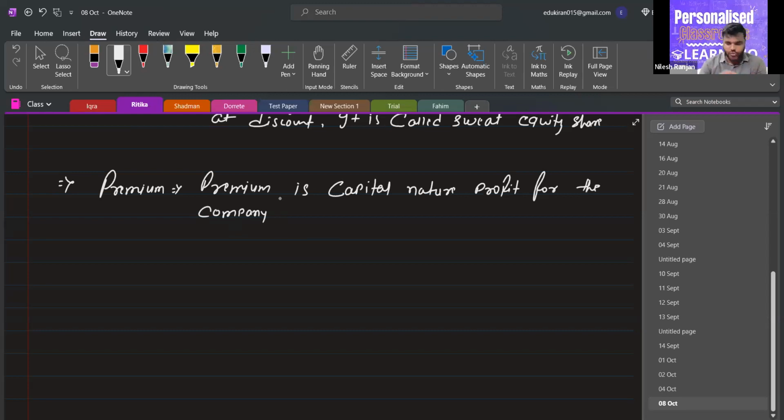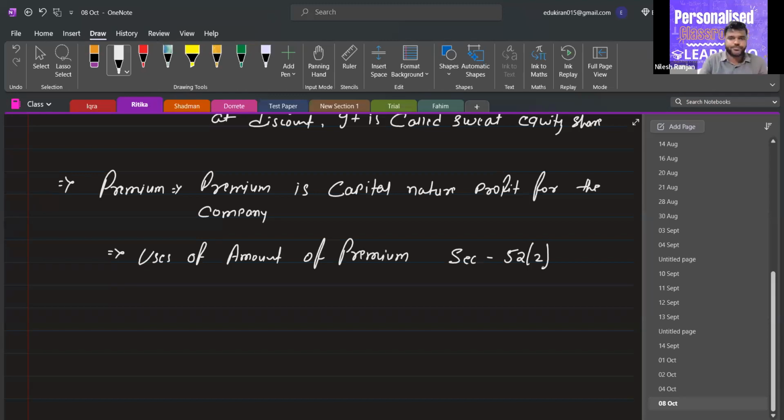But what is the utilization of this premium? Where can we utilize the amount of premium? There is a section given for this: section 52, subsection 2.